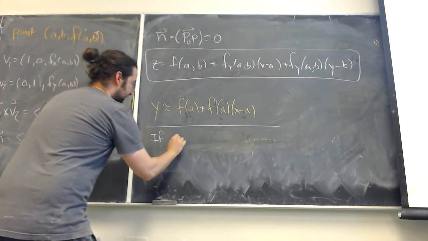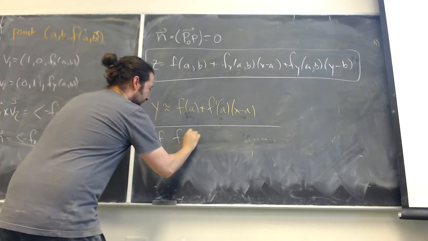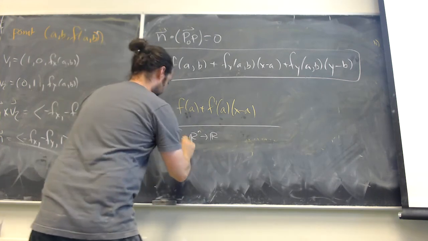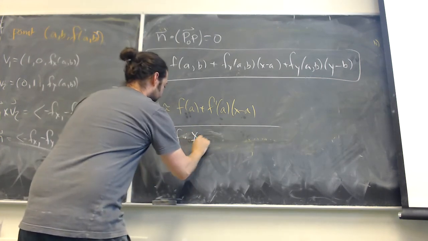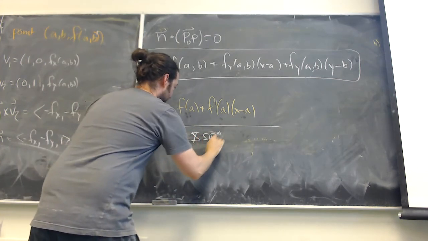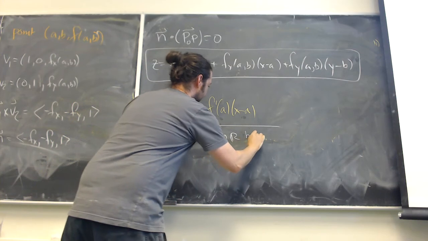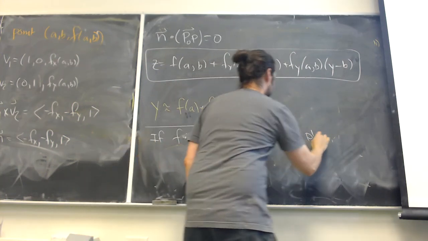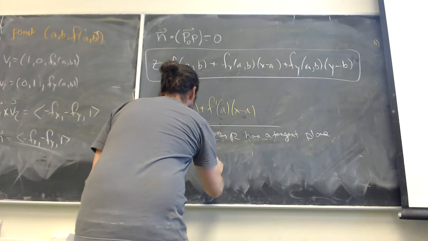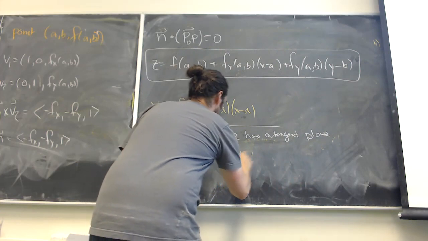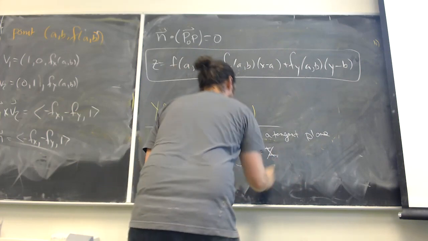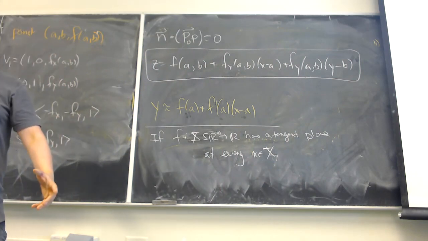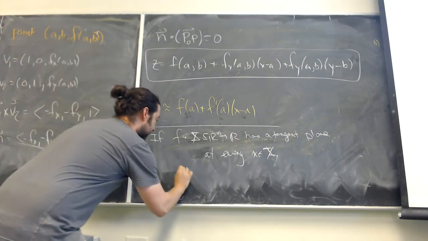If f from Rn into R has a tangent plane at every x, then we say f is differentiable.